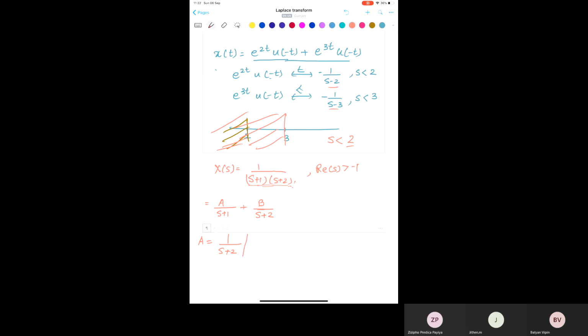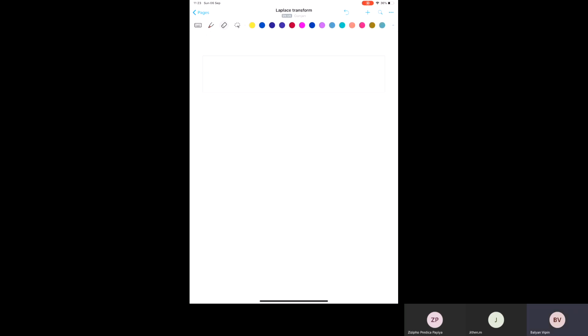Now put this part equal to 0. So s plus 1 equals 0, or you can say s equals minus 1.